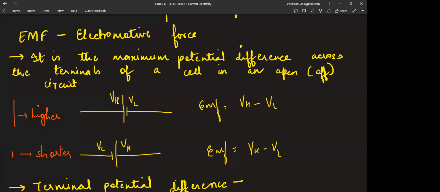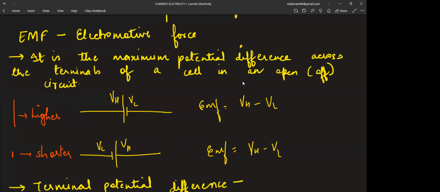So EMF is VH minus VL. Everywhere it will be the same, it's just that the signs will differ automatically when we subtract. So whether it's this case or this case, EMF is this. It's the maximum potential difference across the terminals of a cell in an open circuit.